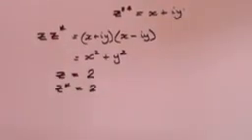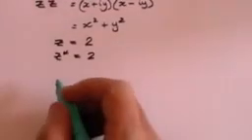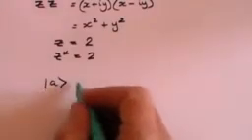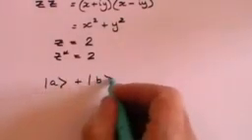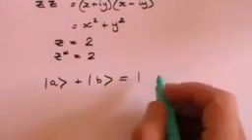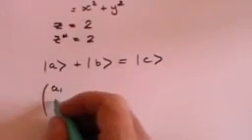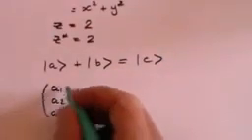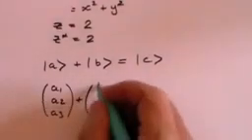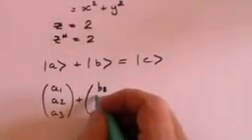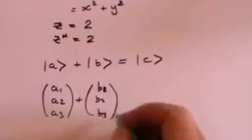Now we need to consider what happens if we add these vectors. So let's say we've got a ket vector A plus a ket vector B. That's going to produce a ket vector C. And the way it works quite simply, I'm going to use 3 dimensions to save a bit of time. So we're going to have A1, A2, A3 plus B1, B2, B3.